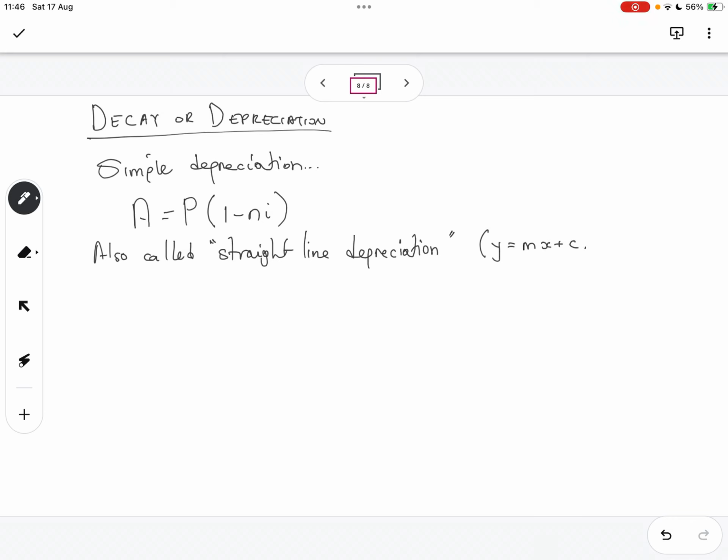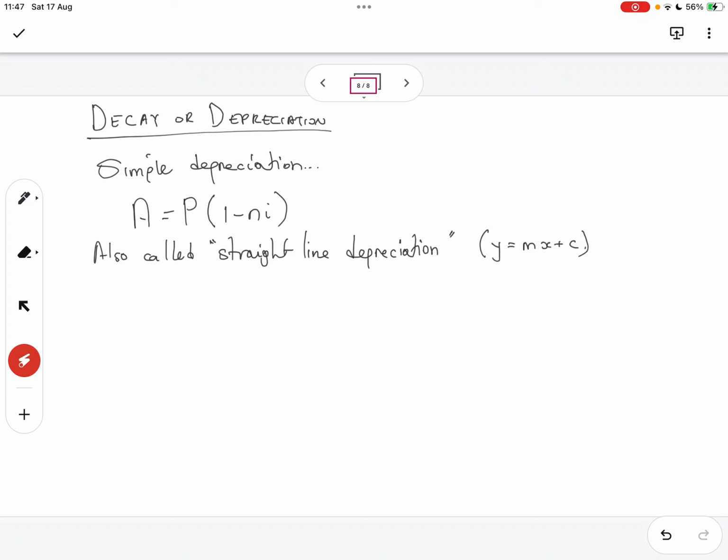It's in the form of the function y equals mx plus c. Our principal amount doesn't change. In y equals mx plus c, the variable that changes, which is x, is to the power 1.